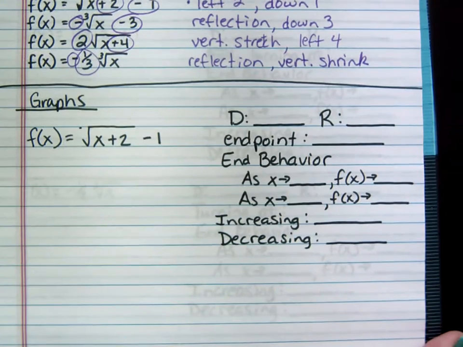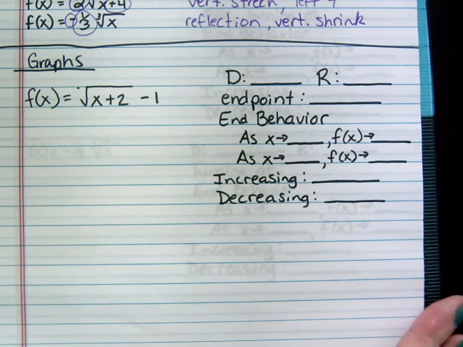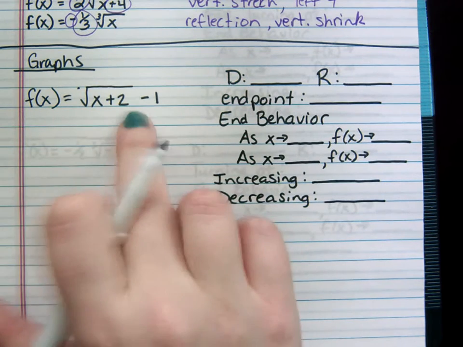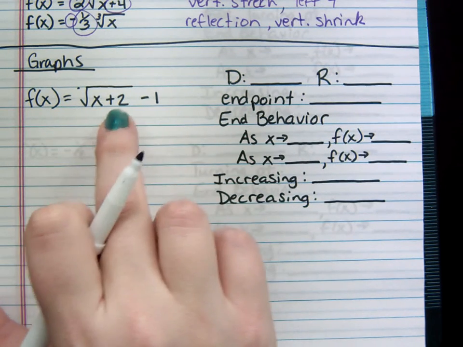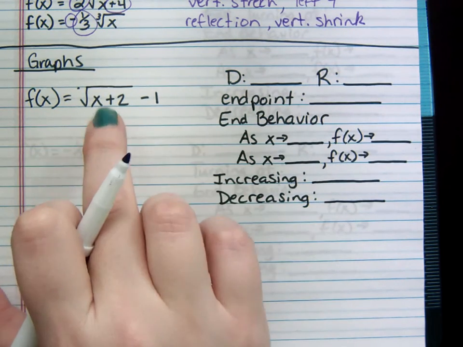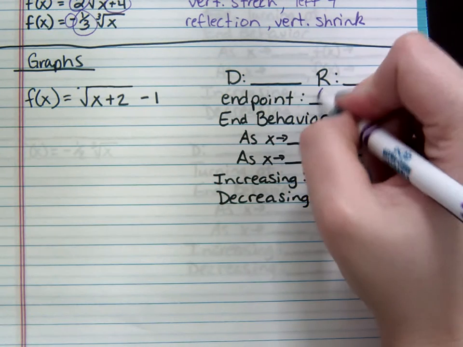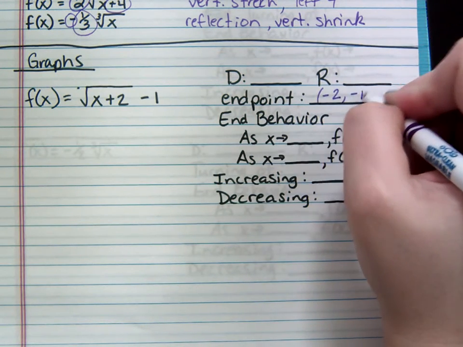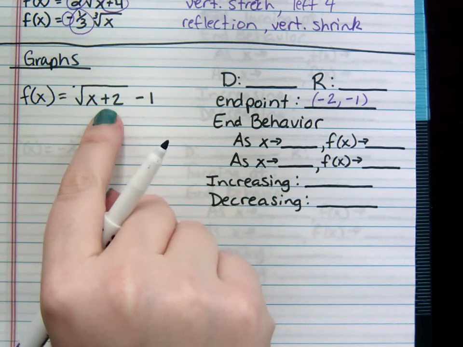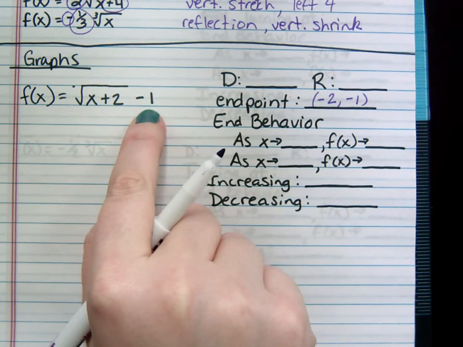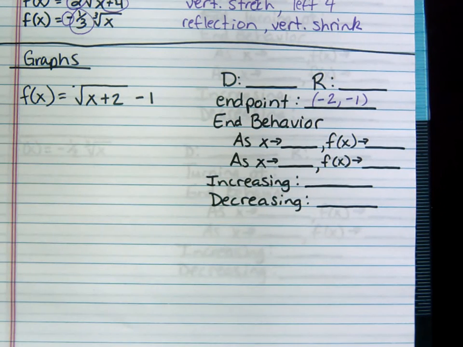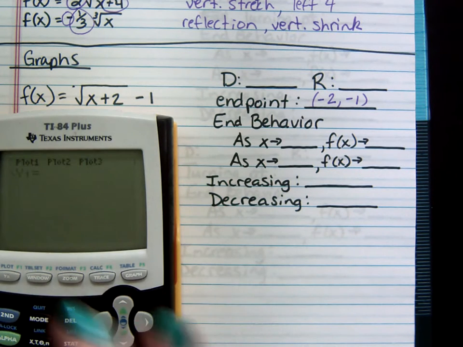Now, there's other characteristics we can get from the graphs too, though. Now, this right here, I can look at this graph and tell what the endpoint is. The endpoint of this graph is -2, -1. Change your sign on the one under the radical, and then what's outside, you just keep it. However, let's say you don't remember that.